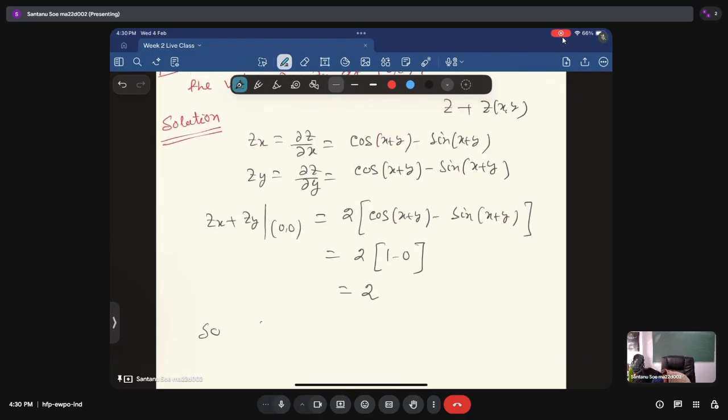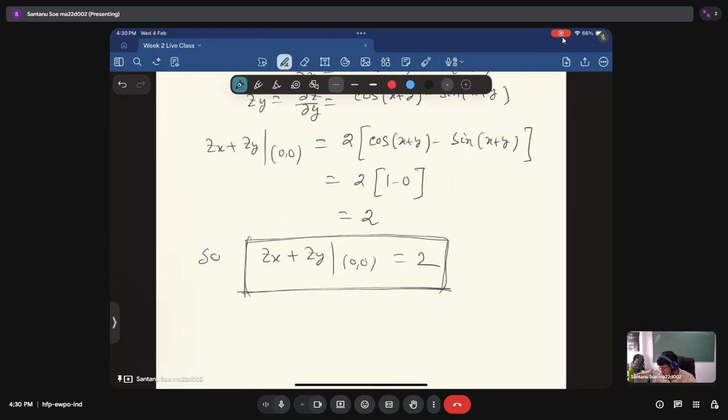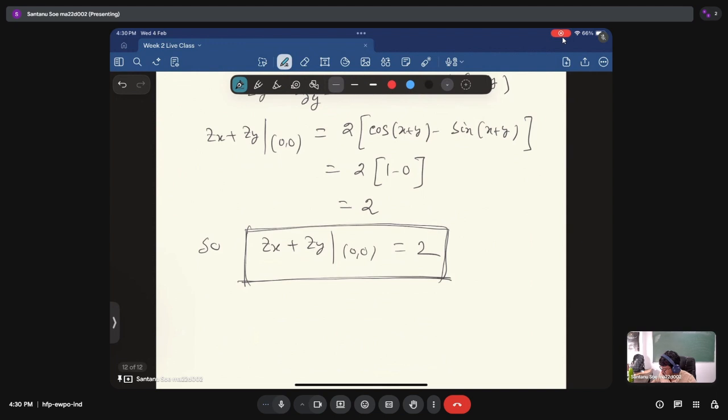So z_x plus z_y at (0, 0) is nothing but 2. So this is the answer. So yeah, I hope this is clear.